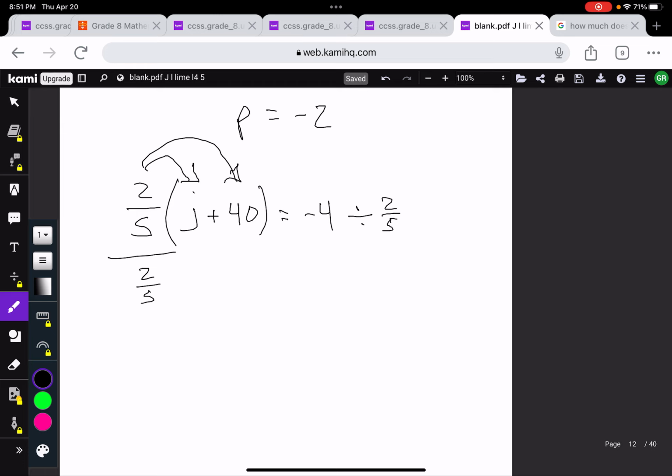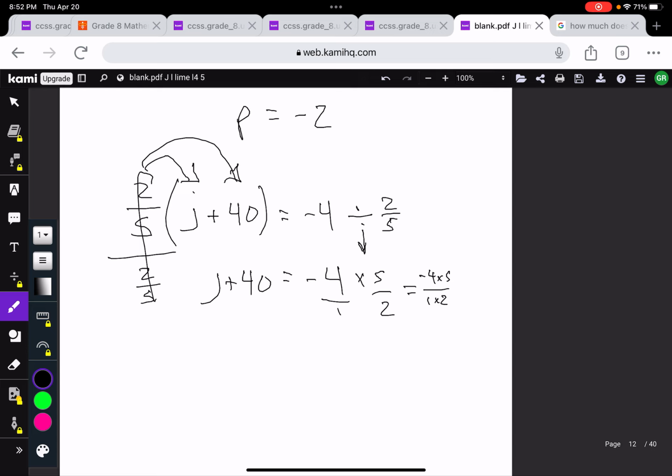Eventually I'm going to do keep, change, flip. 2/5 divided by 2/5 is 1. 1 times j plus 40 is just j plus 40. And now I've got to keep, change, flip. And I'm left with a negative 4 times 5 over 1 times 2.